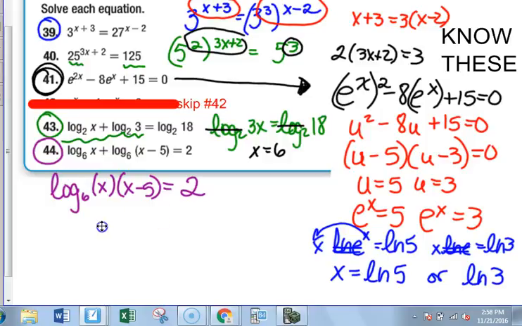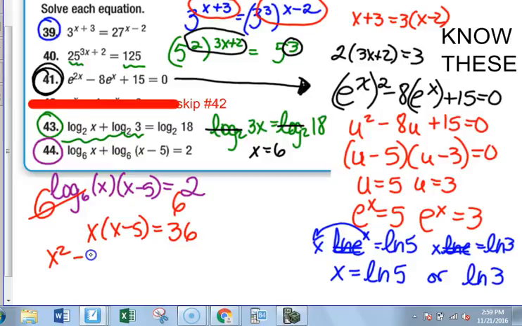Well, we can if we rewrite it as how? 6 squared equals this, and some of you like to write it as exponentiate. So this takes care of, and you have x times x minus 5 equals 6 squared or 36. Everybody all right?